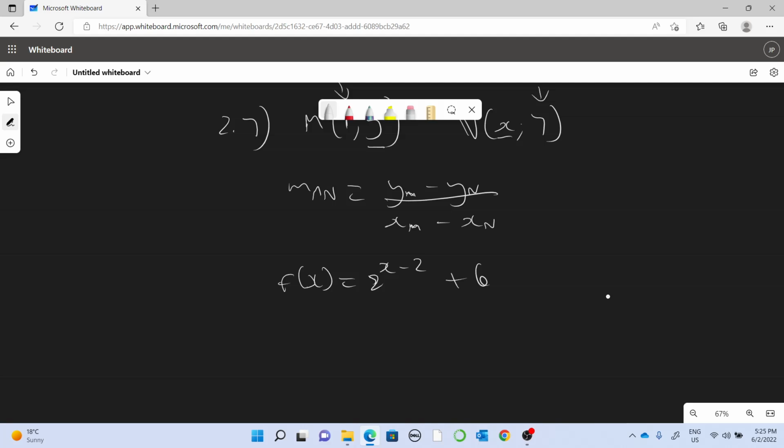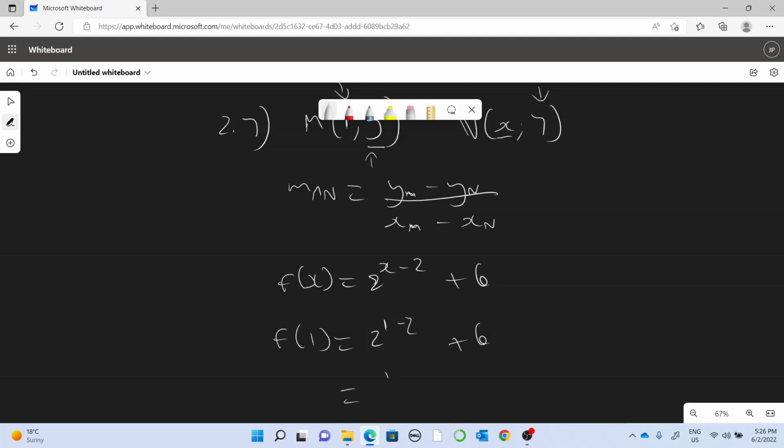To get the y coordinate of M, I'm going to substitute the x coordinate of M. Sorry, I need to substitute 1 for x. So I substitute 1: 2 to the power of 1 minus 2, plus 6.